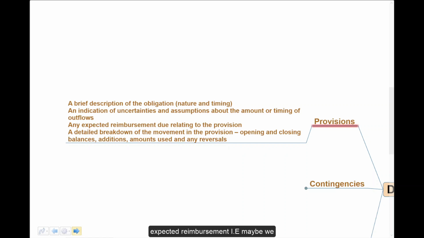Maybe there's an expected reimbursement, i.e. maybe we actually expect something to come back, not just that we're going to be paying out in the future for this item that we provided. Maybe there will be some sort of receipt. Let's disclose it. And a detailed breakdown of the movement in the provision. We went through the provision account and how we come up with our closing provision, etc. But let's actually disclose opening and closing, additions, amounts used, any reversals, etc. So that's provisions, just about everything.